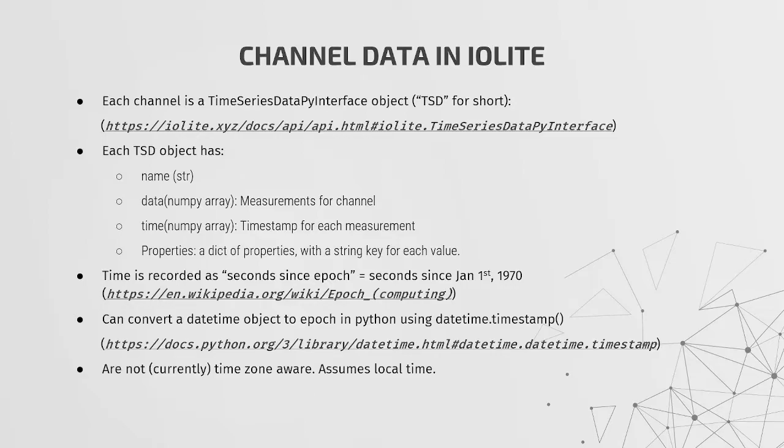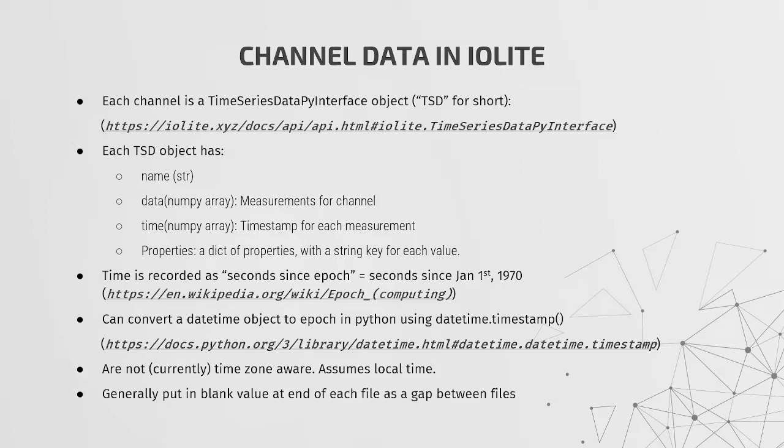Just so that you know, the datetimes in Iolite are currently not time zone aware. So obviously the number of seconds is different depending on where you are, but at the moment it just assumes that the time elapsed is all relative to your local time.